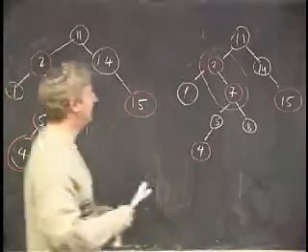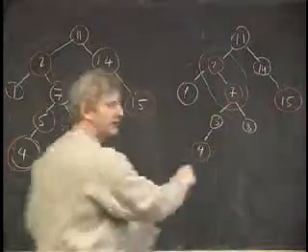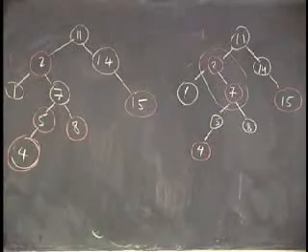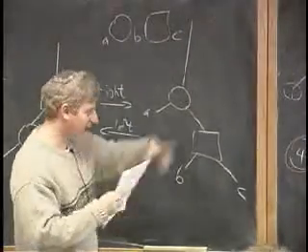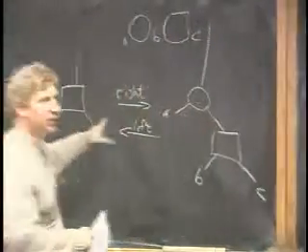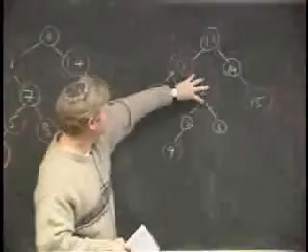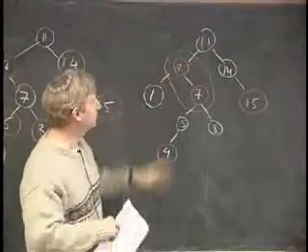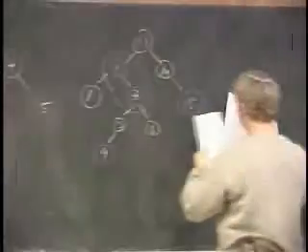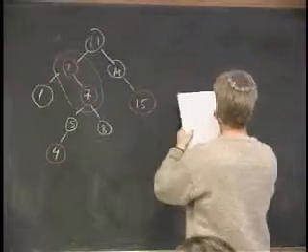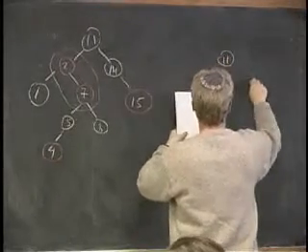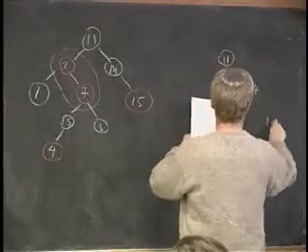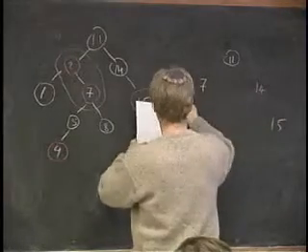Here we go. This 2 and this 7 are this circle and this square respectively. Okay? We are going to take that picture and turn it into this picture. 11, 14, 15, 7, 2.